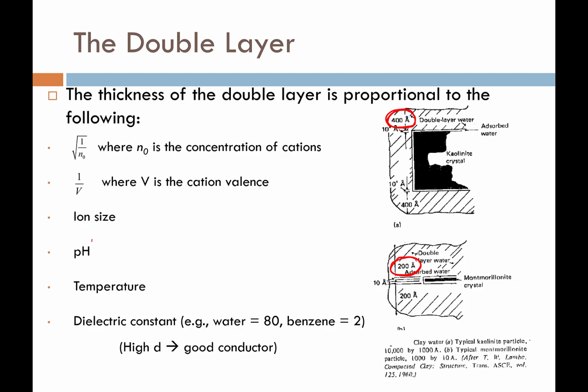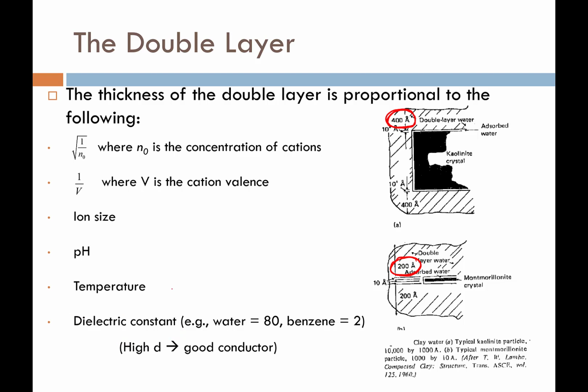Another thing would be the pH of the water. The temperature of the water: the higher the temperature, the greater the thickness of the double layer. And then finally is what we call the dielectric constant. Okay, this is, in other words, a measure of how readily a particular fluid can transmit electrons or electricity.